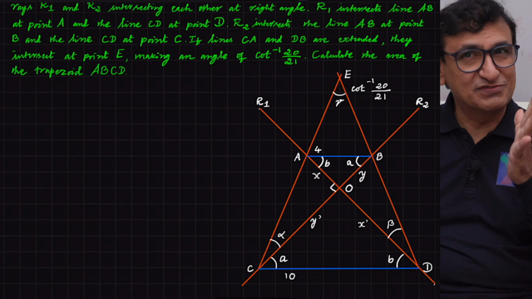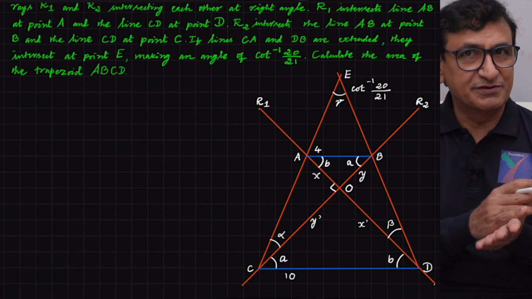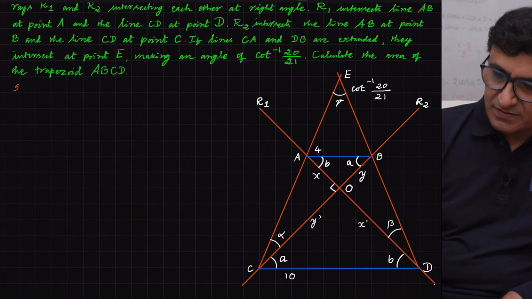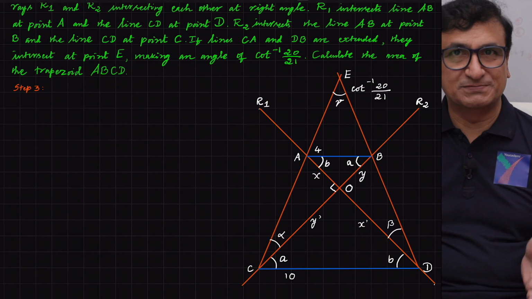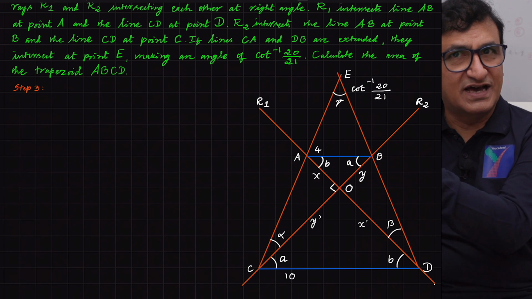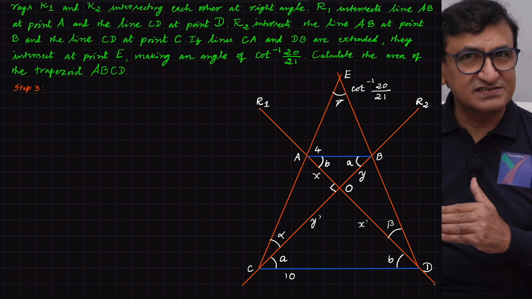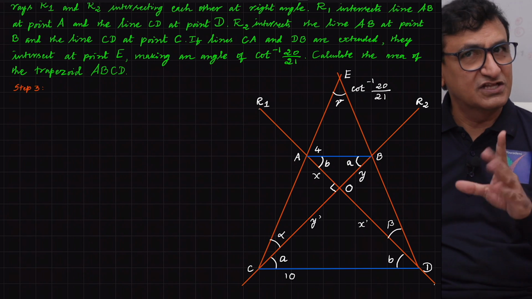Next is step 3. I've just pasted the geometry construction and questions from the earlier page and we are continuing from there. Okay, now step 3. There are two ways of writing the area of this trapezium. One, half L1 plus L2 multiplied by the height. L1 and L2 are the lengths of the parallel sides and the height is the perpendicular distance between these two lines. That's one way.